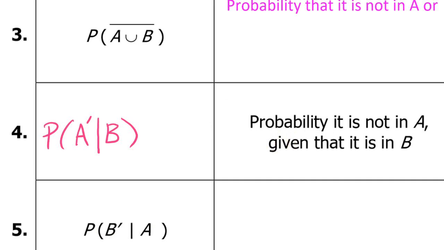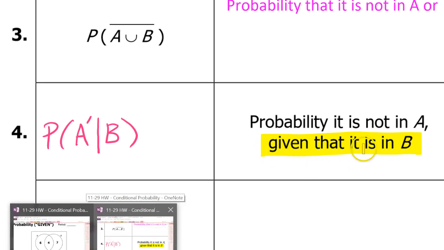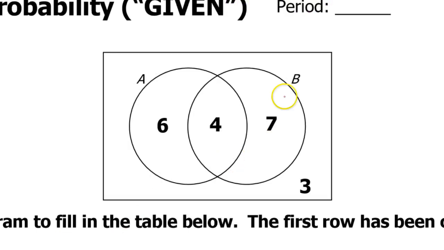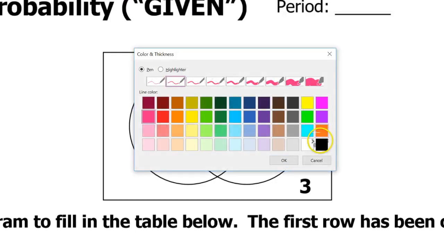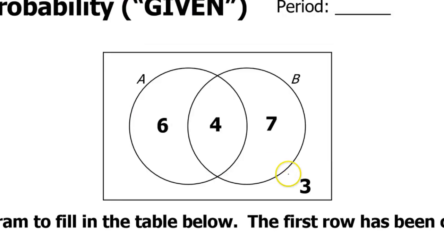So we are given that it is in B. That extra information shrinks down the universe to just B, because we were given that it is in B. So normally we have this entire rectangle as the universe when we're doing target over total and all that. But when they give you some additional information, you should think of it as shrinking the universe.